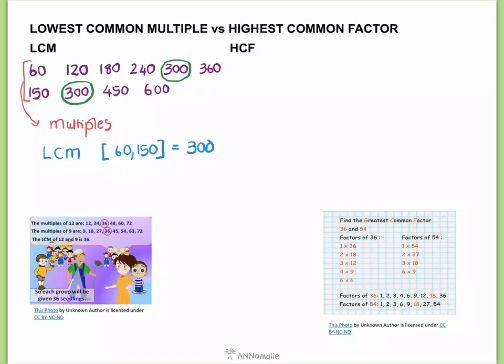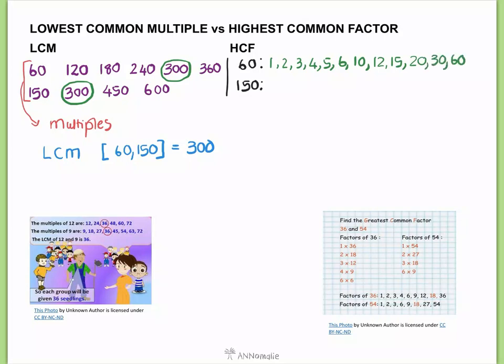Let's look at the highest common factor. So highest common factor, once again 60 and 150. We already found the factors of these two numbers, so I'm just simply going to list them. 60 has the factors 1, 2, 3, 4, 5, 6, 10, 12, 15, 20, 30, 60.